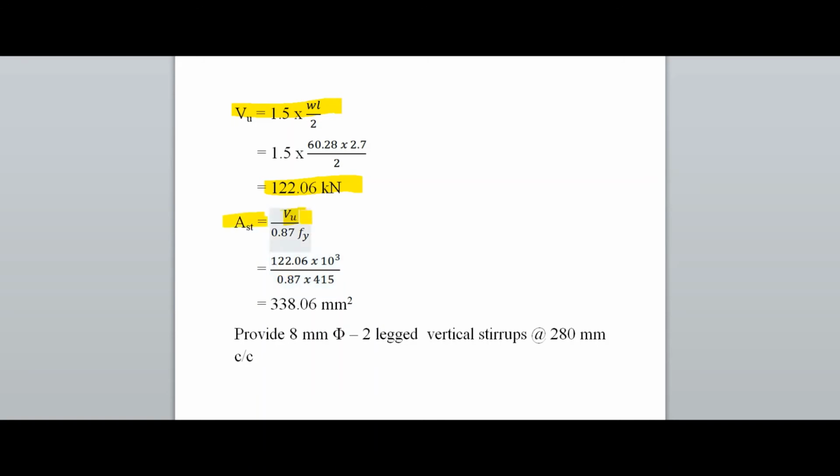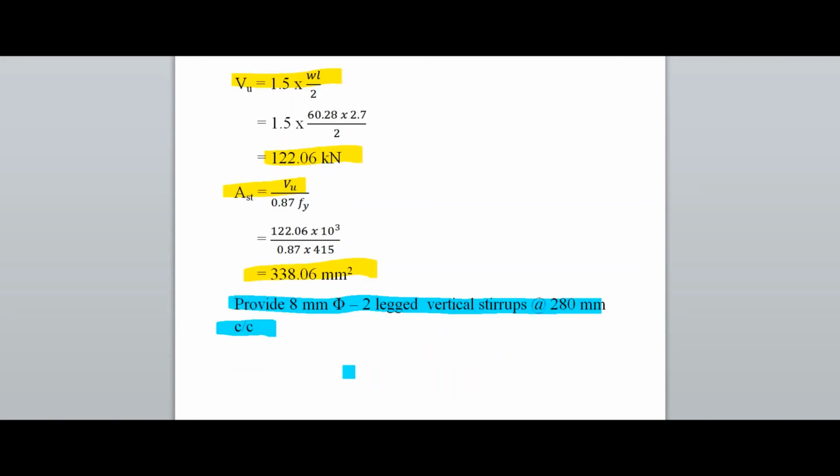So AST is equal to Vu by 0.87 Fy, so 338.06 mm square. So provide 8 mm dia 2 legged vertical stirrups at 280 mm center to center. Okay, so this design is completed.